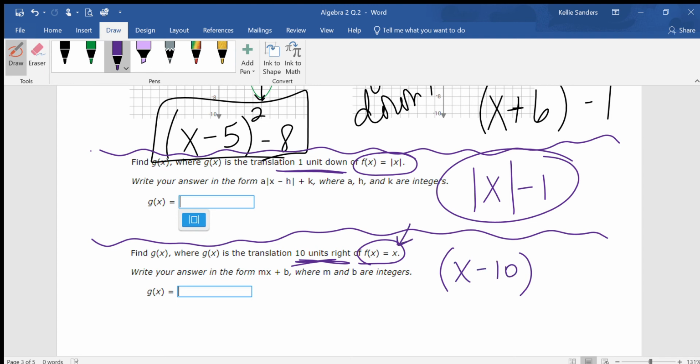But because there's not an x squared, because there's not an absolute value or anything else, because we're not multiplying by any number, in this case, the parentheses weren't necessary, and usually that doesn't happen. But on this one, it wasn't necessary, so it's just x minus 10.